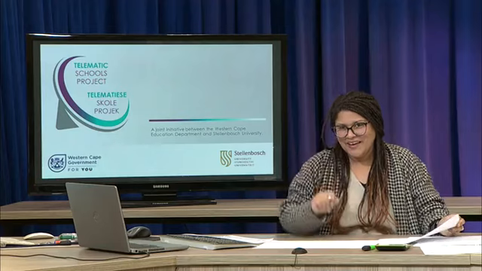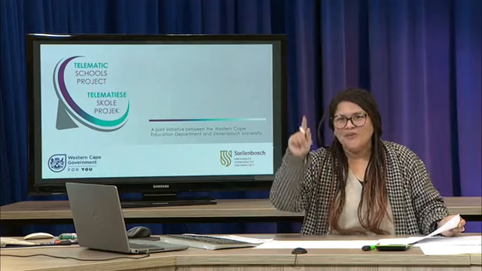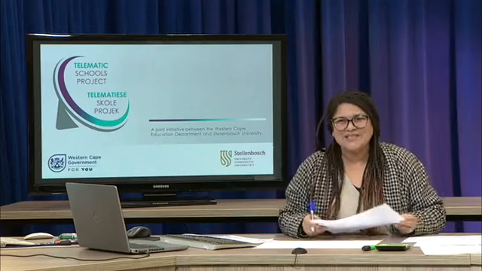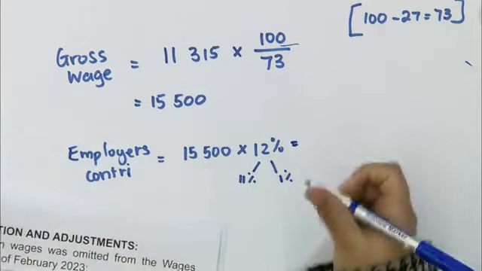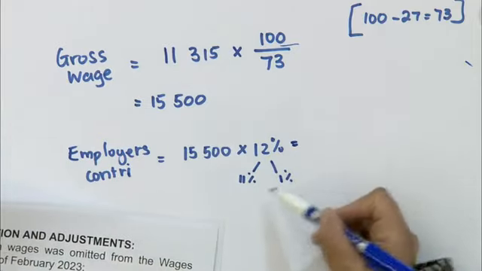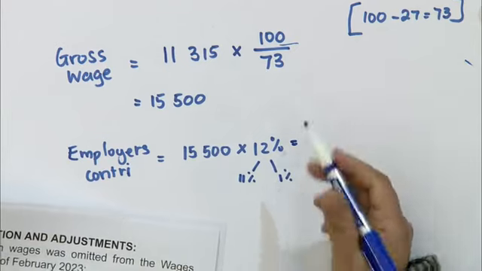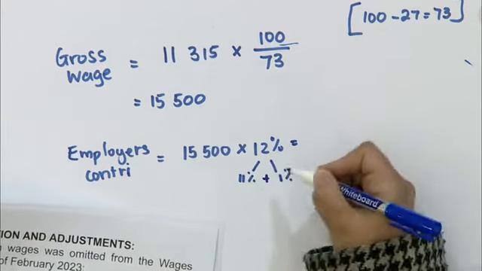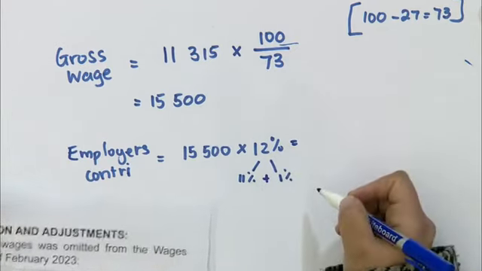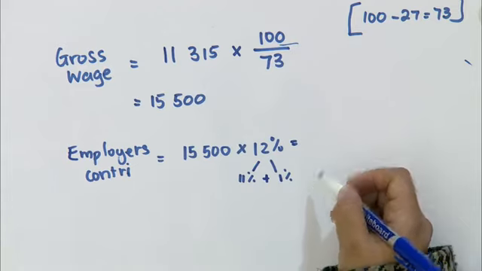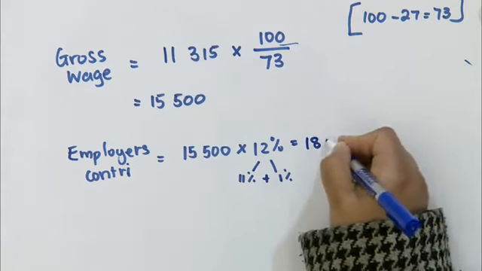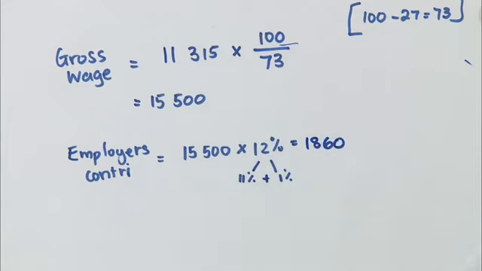You at the back? 12, well done. It's 12%, right? So you can do it individually, or you can just simply use a little bit of logic and say 11 plus 1 must be 12%, and therefore we'll say 15,500, and that amounts to 1,860. Okay, that will be your 1,860.